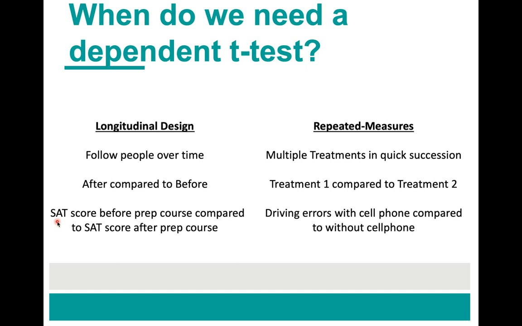So we have time one, and then we have some intervention. This is a very common format for a longitudinal design, intervention studies. We measure them at time one, we have some intervention, and then we measure them at time two on the same outcome, in this case, SAT.